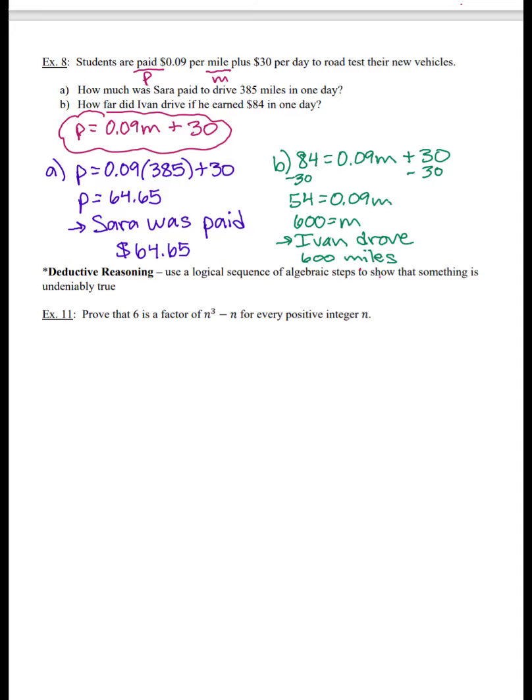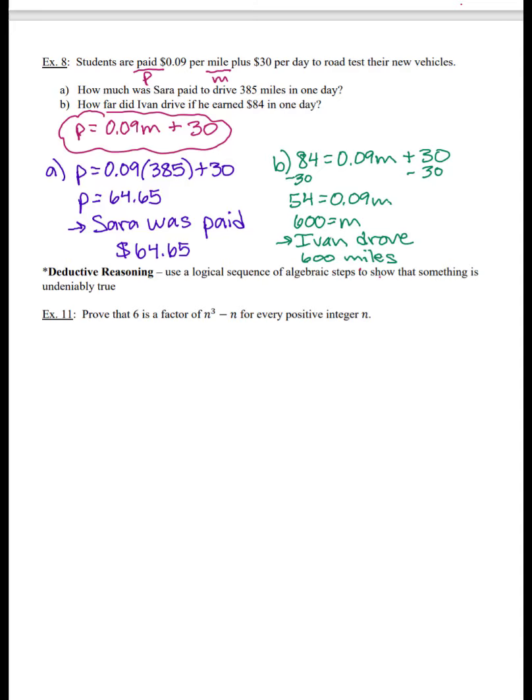Example 9 is grapher failure, and example 10 is not seeing hidden behavior. It goes over some of the things you need to be aware of when using technology to graph functions. The most common one would probably be that you need to adjust the window of what you're viewing of your graph. Maybe adjust one or both axes so you can see the entire graph and it's not cut off. Just something simple, but go ahead and browse through that.